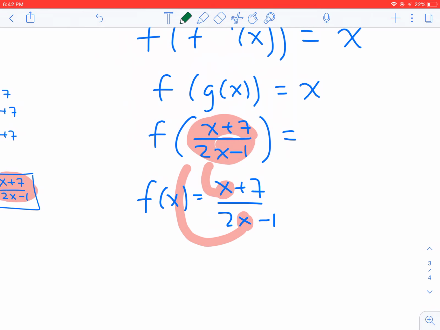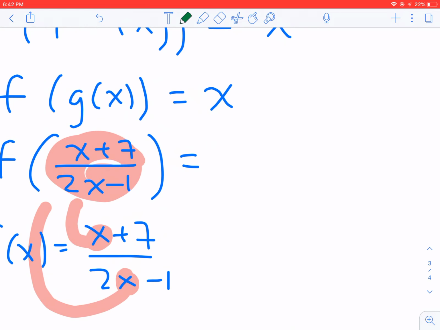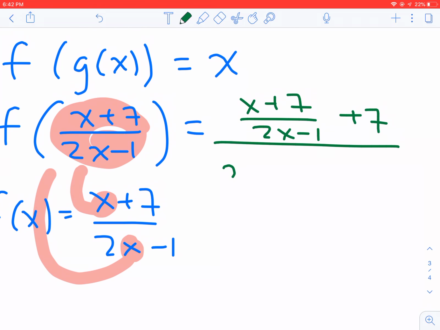So that's a pretty cool one to try out. But doing this, I will have x plus 7 over 2x minus 1 plus 7 all over, on the bottom, 2 times x plus 7 divided by 2x minus 1, close parentheses, minus 1.